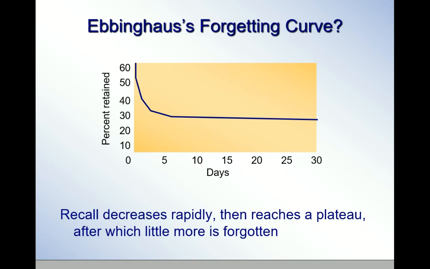Ebbinghaus was a memory scientist, and he would ask people to remember nonsense syllables. And people would forget them very quickly. And then there was a plateau where people still remember a little bit. And they still forget a little bit, but not as rapidly. This is called the Ebbinghaus forgetting curve. Be familiar with that visual.